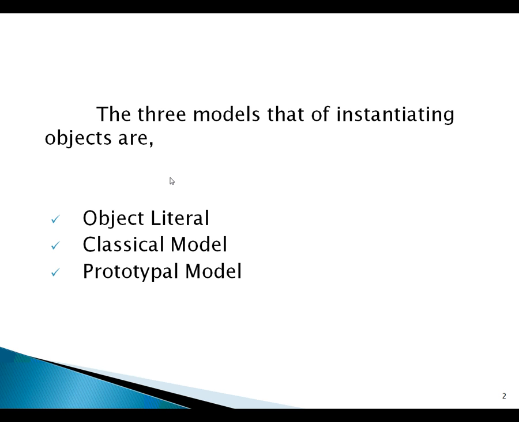In the first case, it is a direct instantiation of objects without any constructs being used, and the classical model very much resembles the way the classes in object-oriented programming are, and the prototypal model is something that we have already seen in the previous sessions, but we'll cover more in depth.